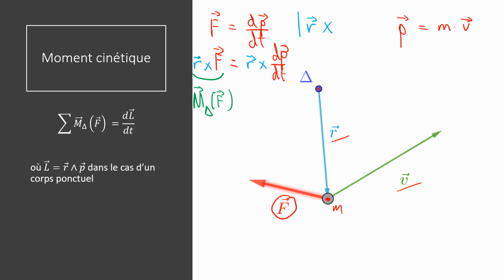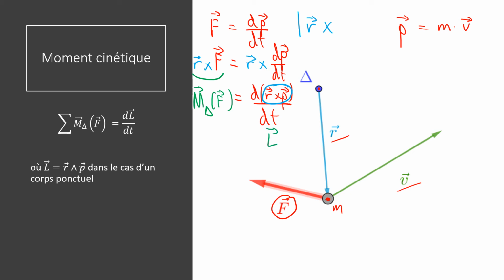That's quite easy. On the right hand side, you can show that this is going to be equal to the rate of change of the quantity r cross p. So the position vector cross product with the momentum. And this is going to be defined as a new quantity which we call the angular momentum.